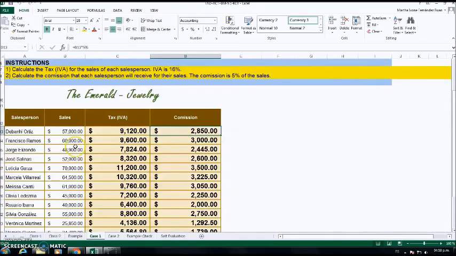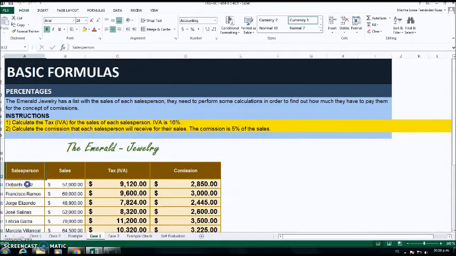We have this example. This is a jewelry store, and we have the salespeople, the sales they did, and we ought to calculate the tax. It's just the 16% of the sales. So the formula will be just multiplying the sale times the 16%, which is just the sale, B13 times 16%. This is just a percentage of the sales.